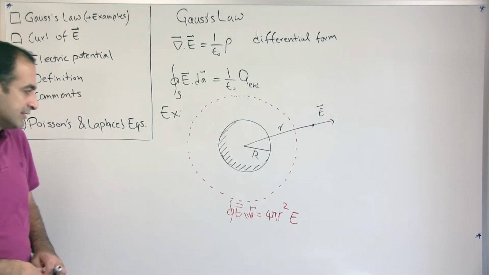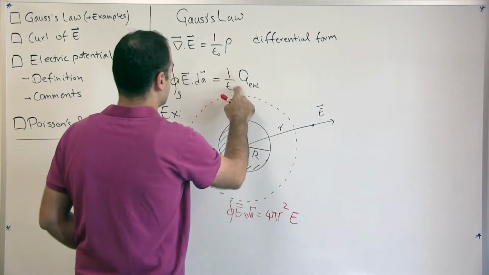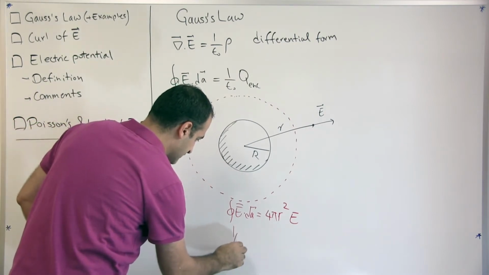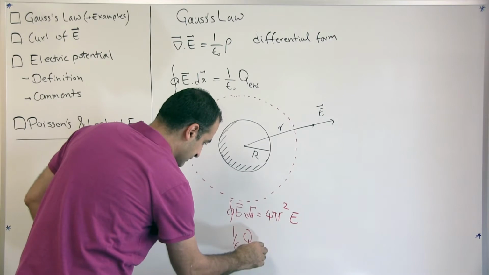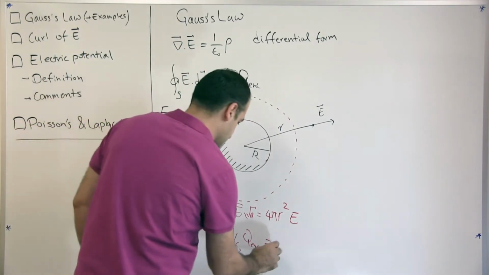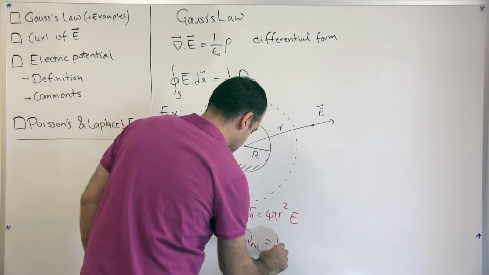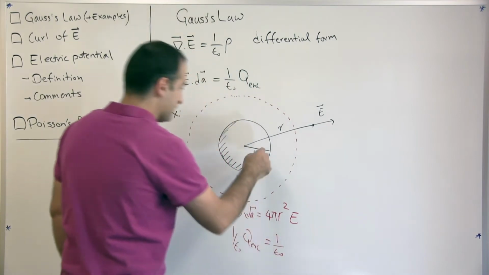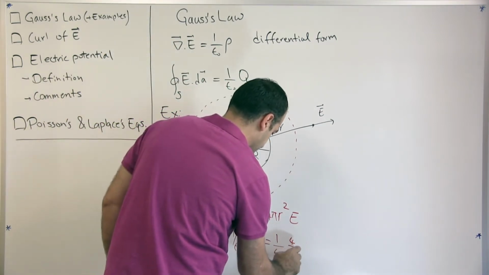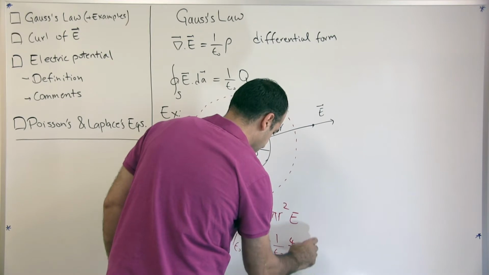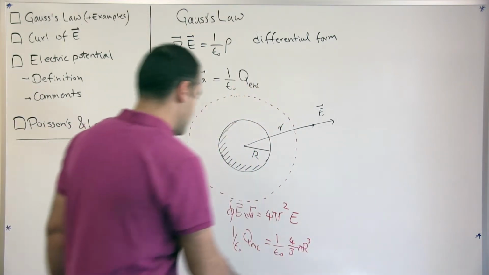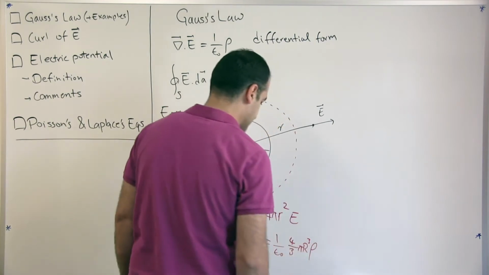Now, this has to be equal to 1 over epsilon 0 times Q enclosed. If it has uniform charge, it's going to be 1 over epsilon 0 times the volume of the sphere, 4/3 pi R cubed, times the charge density rho.